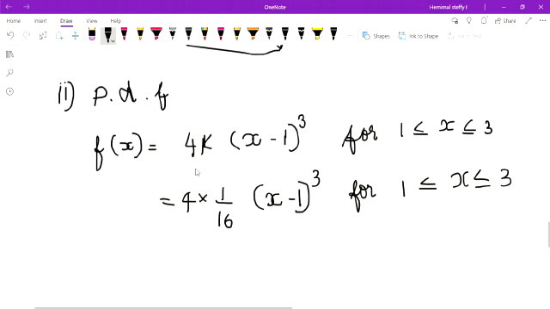Then what is the step here? 1 ones are 1, 4 fours are 16.